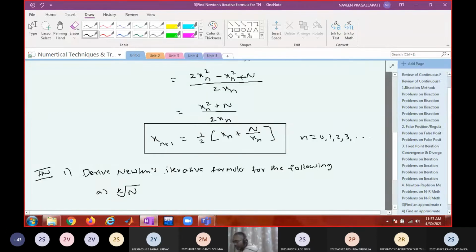Generalization. Instead of square root, it is kth root of n, and 1 by n, 1 by root n.